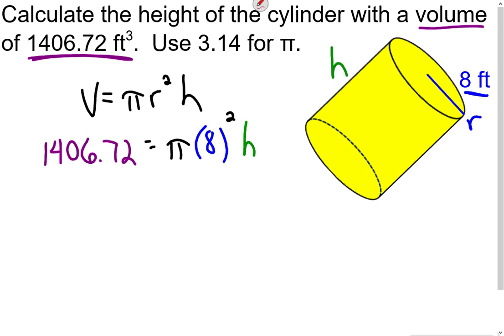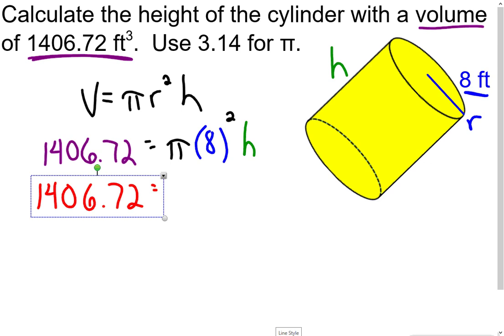Take a look at the left side. Nothing to do here. I'm going to leave that as 1,406.72 equal to pi times 8 squared times h. I'm going to go to my calculator now. Since I've rounded the volume on this side, I'm going to round my values on this side.